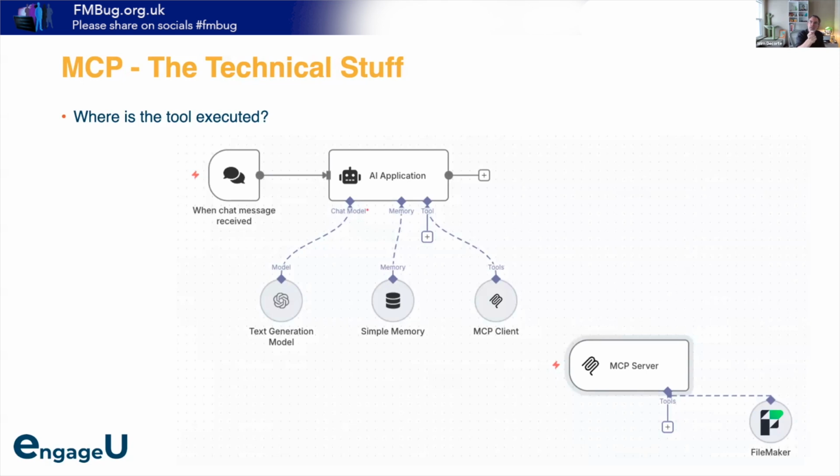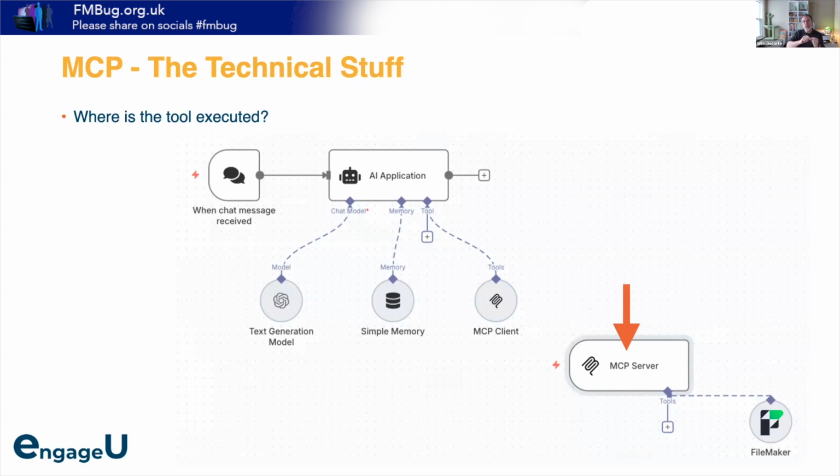The next thing is kind of critical, right? So we know we have an AI application. The AI application will take the user's input. Based on that input, it will determine that a tool needs to be called, right? Where does the tool get executed? And you may be forgiven to think that it happens at the AI application level, but that's really not where that happens, right? The tool gets called and executed by the MCP server.